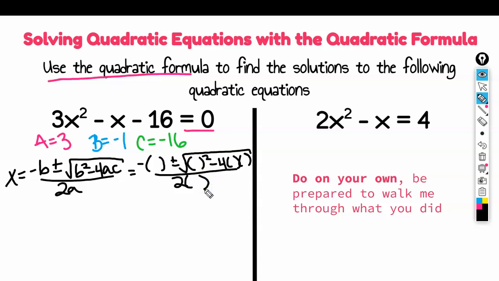So where I see b, so negative b, I'm going to put negative 1 inside the parentheses. Where I see a, I'm going to put a 3. And then where I see c, I'm going to put a negative 16. And now I can take it to Desmos.